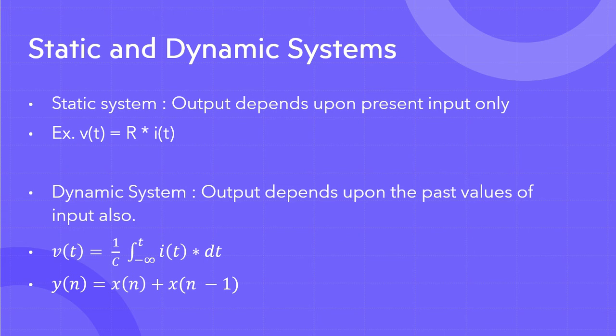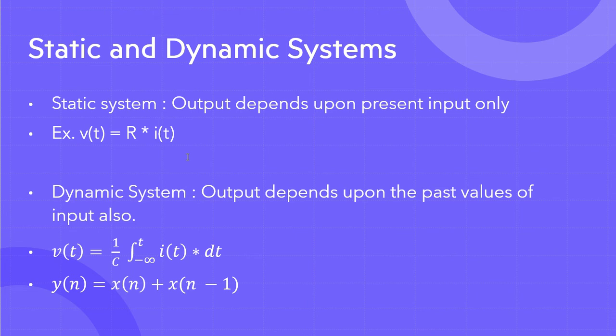Let's consider a voltage drop in a resistor, which depends upon the current. It can be expressed with the help of this equation: v(t) is equal to R into i(t).